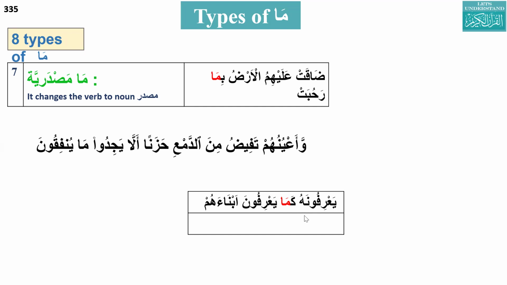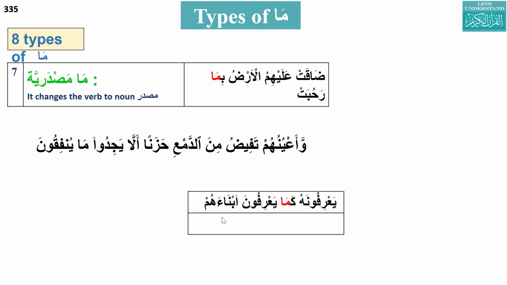So we can say they recognize him as they are recognizing their father. So here, instead of verb, we use ya'rifuna as masdar. So such type of ma is called ma masdariya.